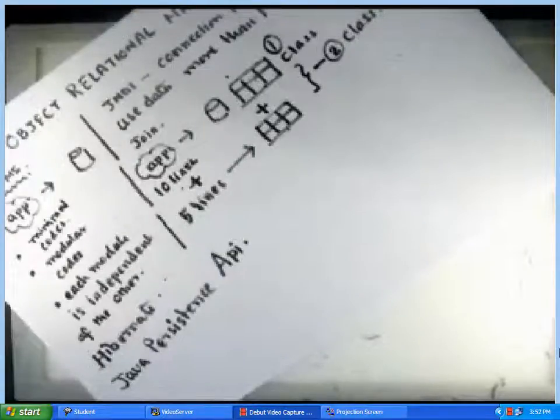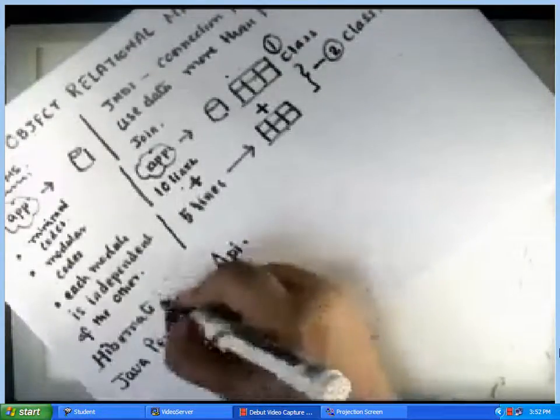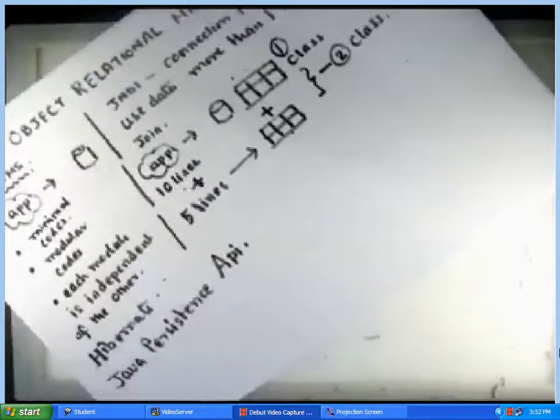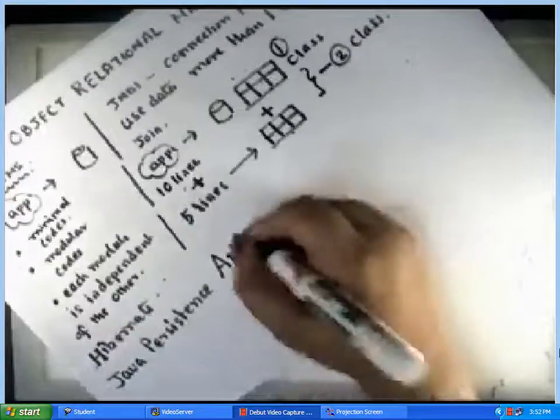Now when we are talking about Java Persistence API, we might be confused whether it is equal to a particular software, or a set of libraries. Yes, Java Persistence API has a specification.